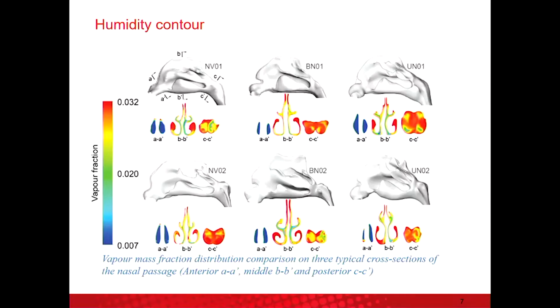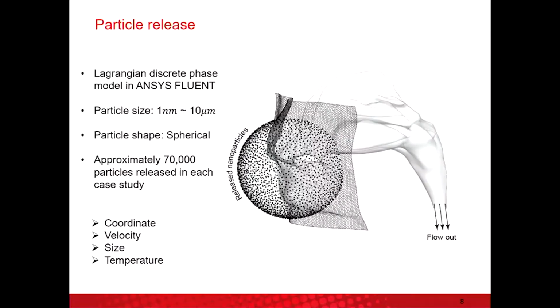As shown in each case, as the air travels to the choana region, the air has been almost fully humidified. And based on this simulation result, we're able to apply the particle simulation.